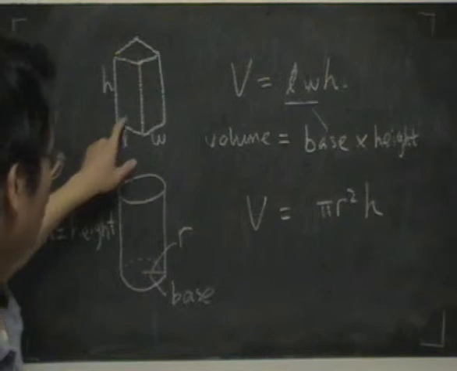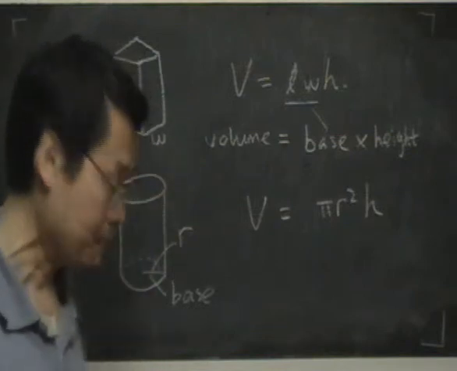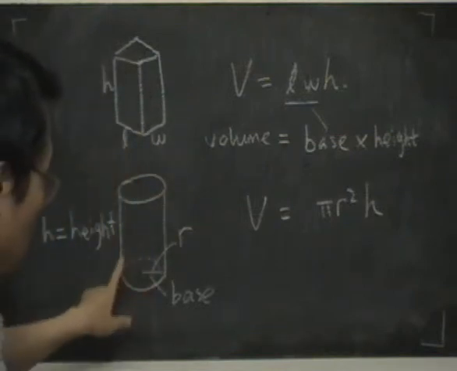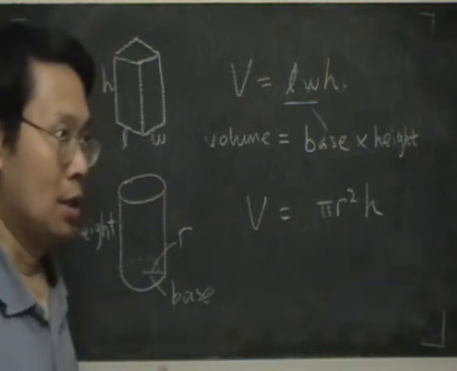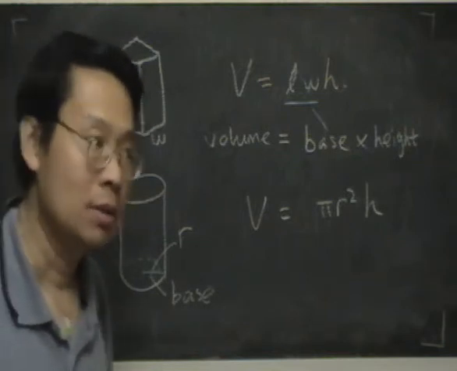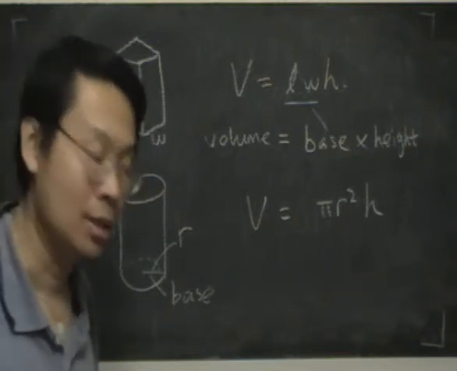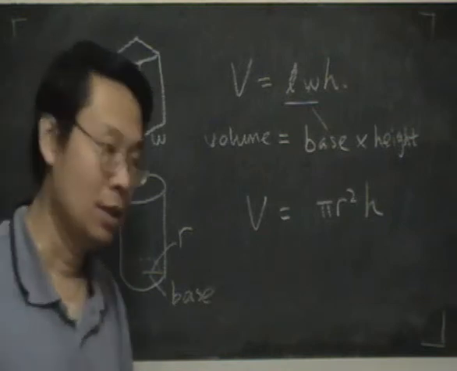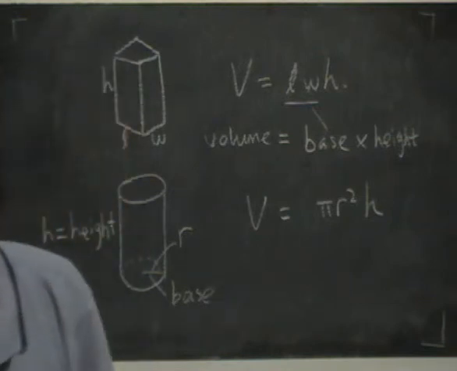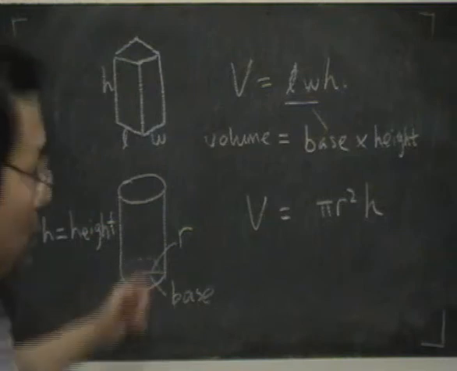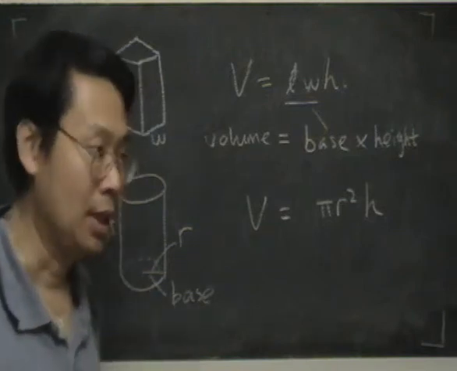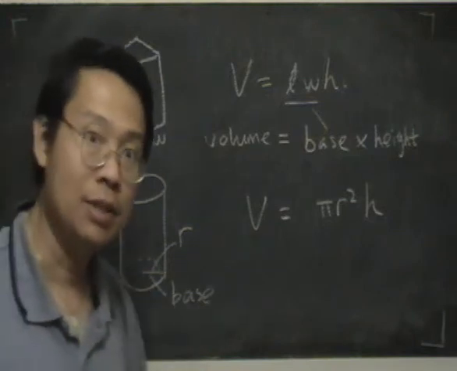So it does not have to be a rectangle or a circle. It can be a polygon, it can be a hexagon, it can be a triangle. So if you have a triangle, you get a prism. It can be any irregular shape.